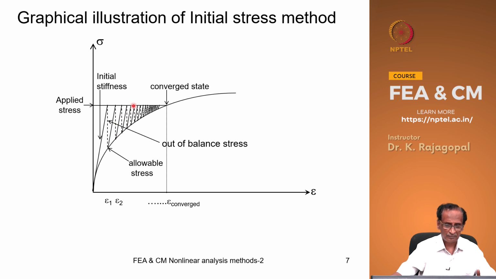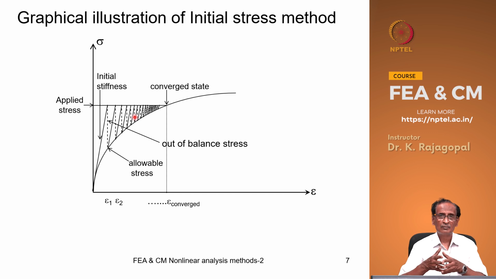And the slopes are all constant, and it goes very fast because we are not going to reformulate our stiffness matrix. We formulate only once, then subsequently we do only the back substitution for determining the displacement increments.